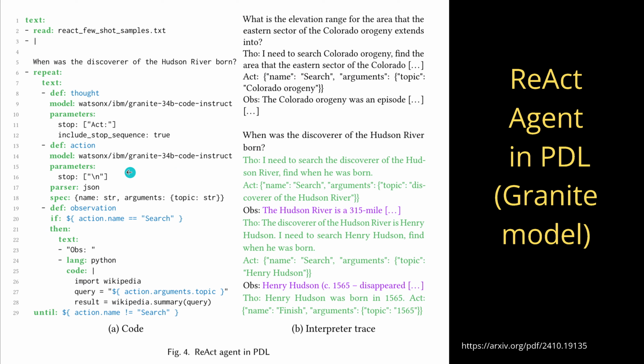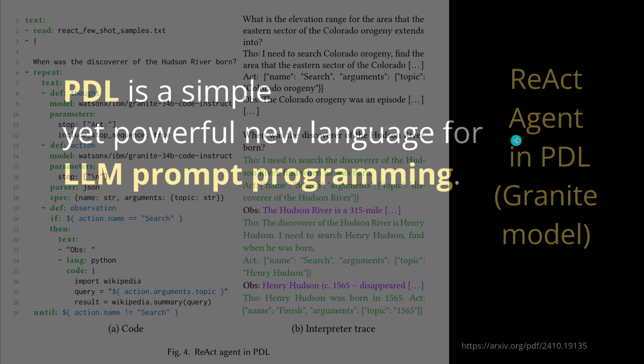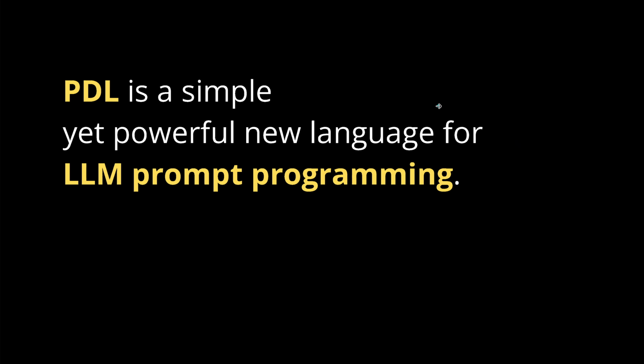And of course, you see optimized here for IBM, for Watson, IBM Granite, the 3.0, the new models, 34B code instruct models. Beautiful. So I think PDL is a real beautiful new language for LLM prompt programming.